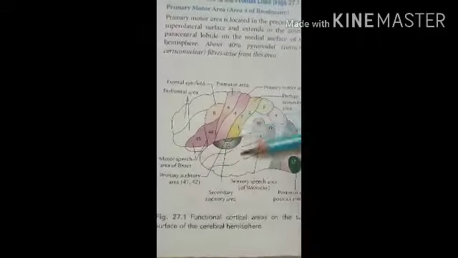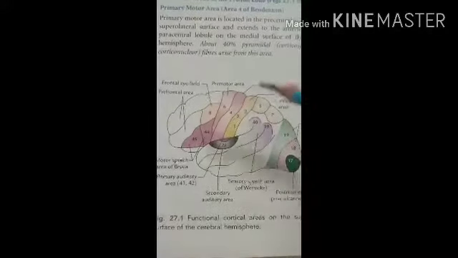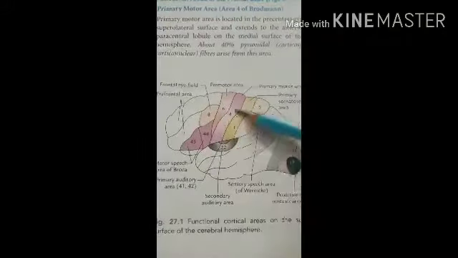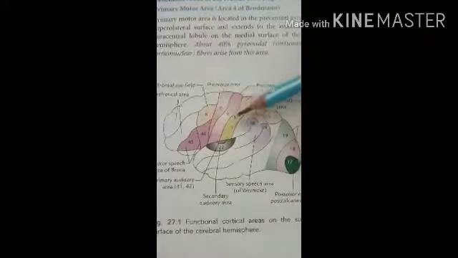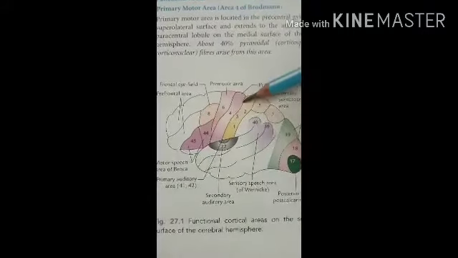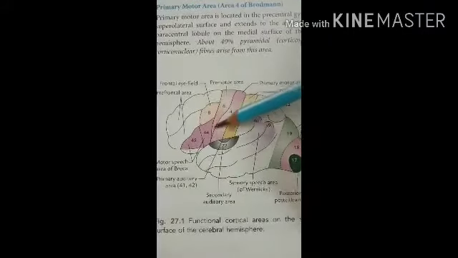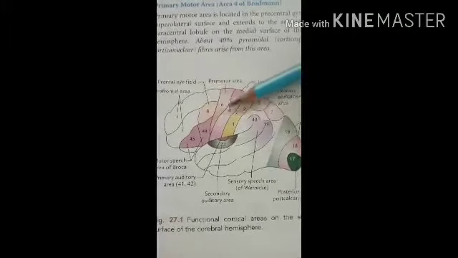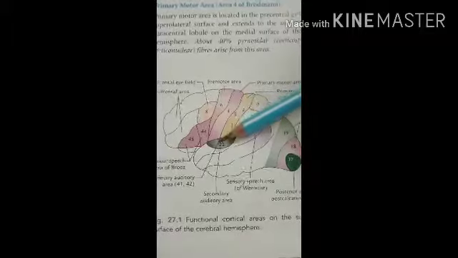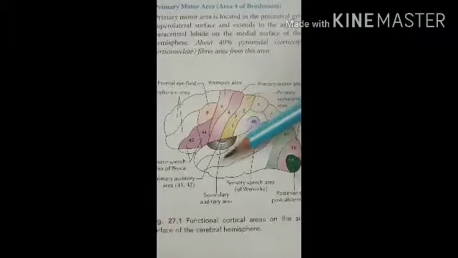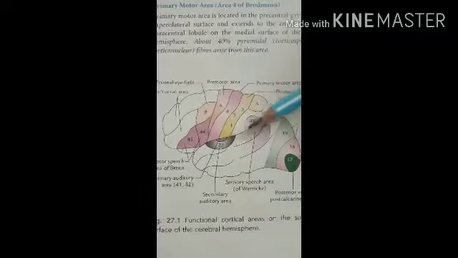So first, the primary motor area, number 4 Brodmann. The primary motor area is located in the precentral gyrus. You know that is the central sulcus and that is the precentral sulcus, and between them is the precentral gyrus. So in this area, number 4, the primary motor area, is present.